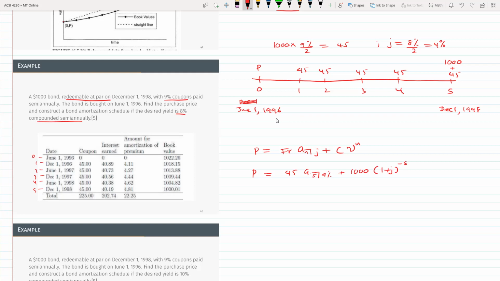Okay, so you can use a calculator. Let me use my calculator.